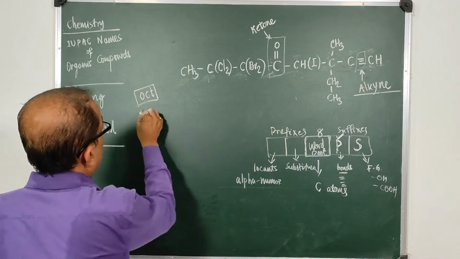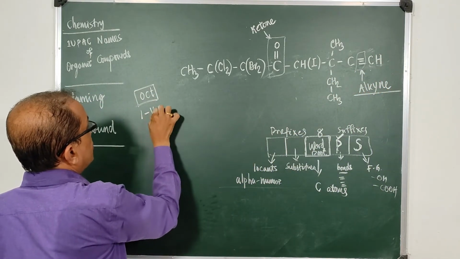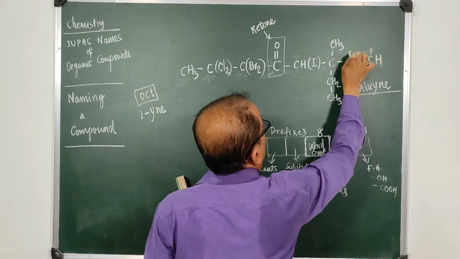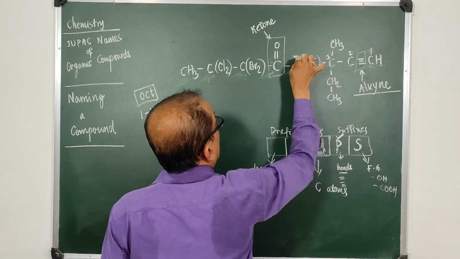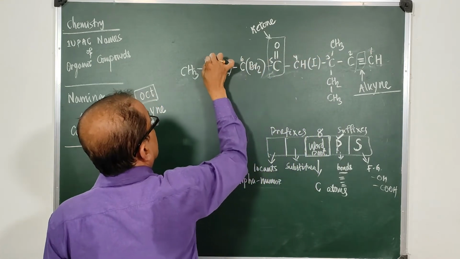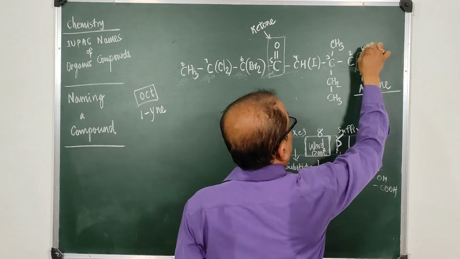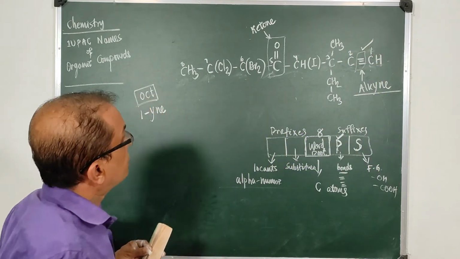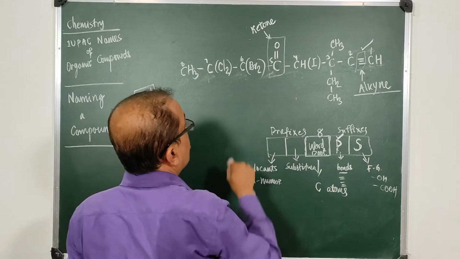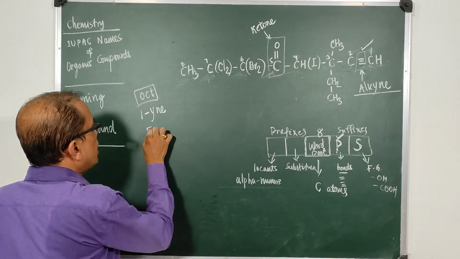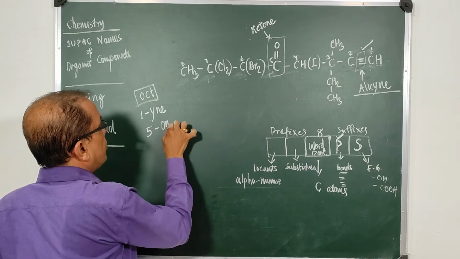So I can write 1-yne, meaning the triple bond is at the first carbon atom. 1 2 3 4 5 6 7 8. The next point is, where is the functional group? The functional group is at 5, so I can write 5-one because it is a ketone.